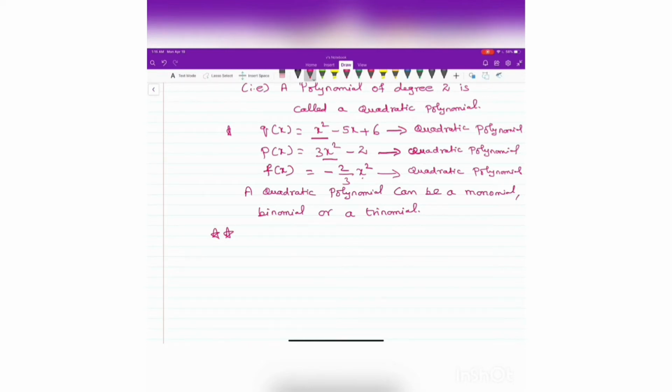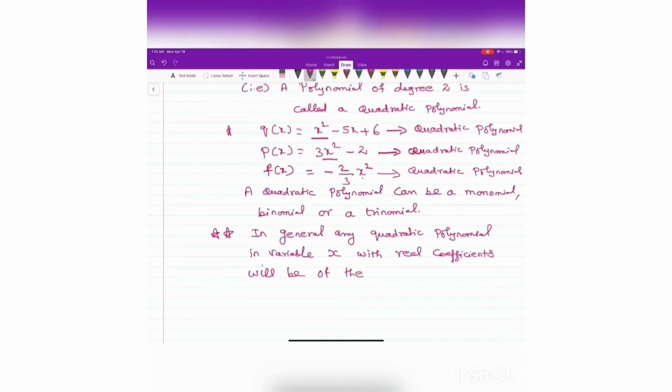In general, any quadratic polynomial in variable x with real coefficients will be of the form f of x is equal to ax square plus bx plus c.